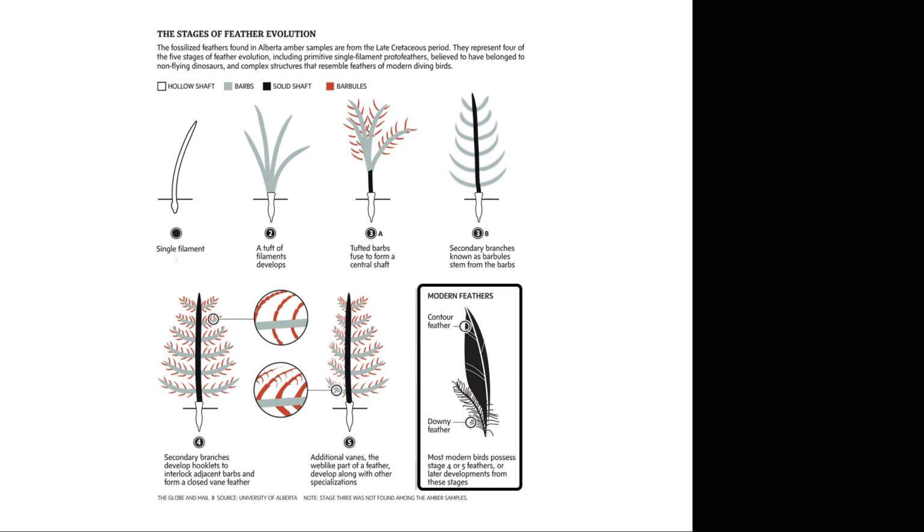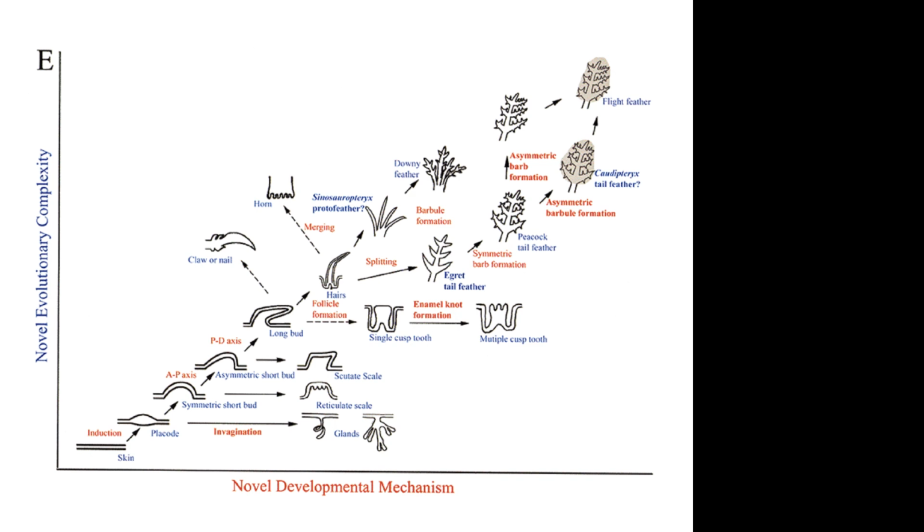So looking at the evolution of these different structures, starting from skin, which is the simplest form of these epidermal cells, they can be folded over to become a nail or a hook, or a claw.